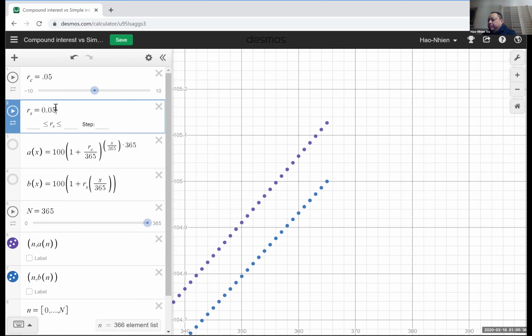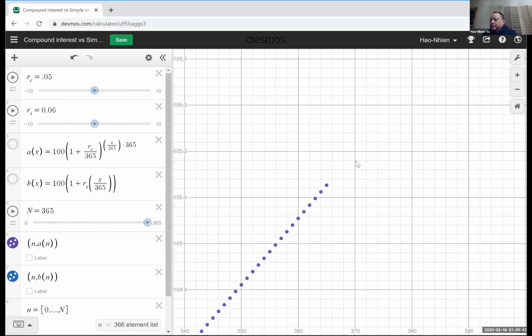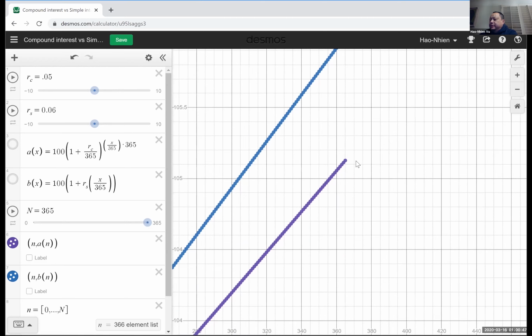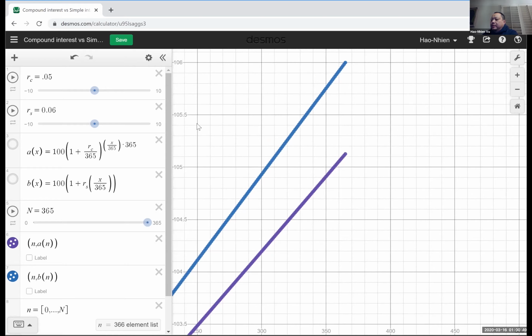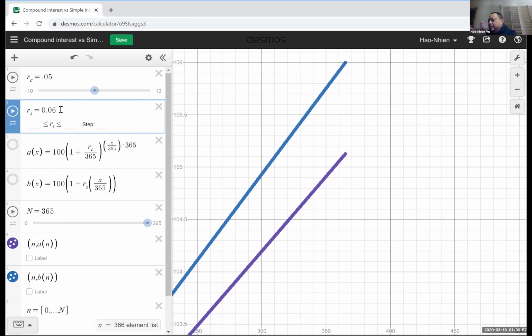If I had the simple interest at 0.06, it'll be a lot higher than the compound interest. So the APY is more than 0.05, more than 5%, but 6% is too much. So I'm going to try something else.